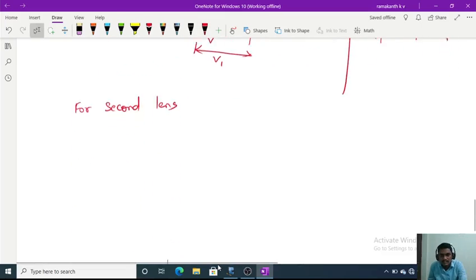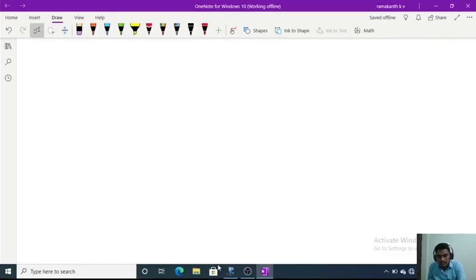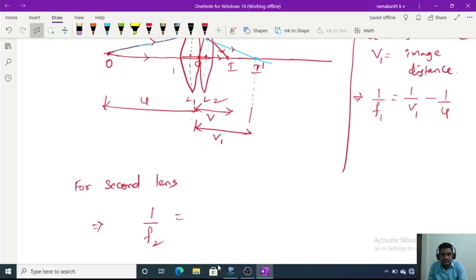V1 is the object distance, and here we get 1 by f2 is equal to 1 by v minus 1 by v1.